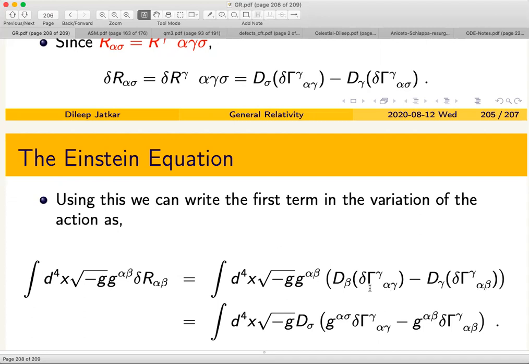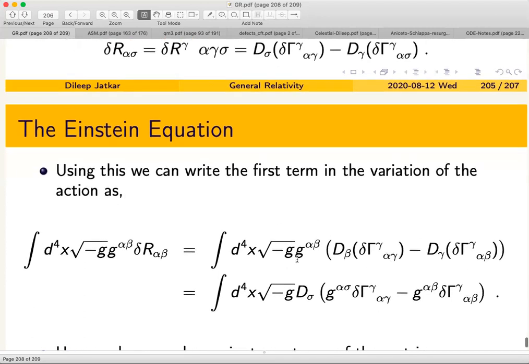Now you can push this g alpha beta into the equation. Use the fact that g alpha beta is covariantly constant, so it can go through the covariant derivative and multiply delta gamma. That manipulation allows you to pull the covariant derivative out and put this entire expression inside.